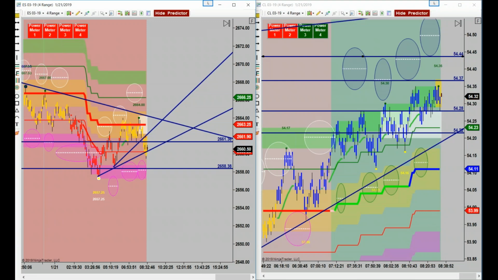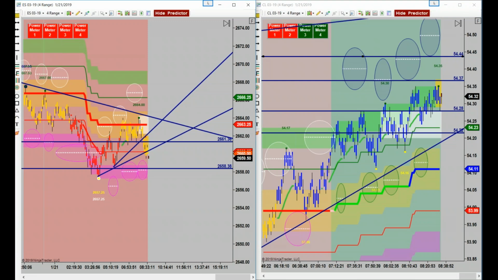Anybody get that quick little scalp? Oil checked right where I said it would, 28. Let's see if it'll take it on up again. Come on, ES. Take it on down, buddy.